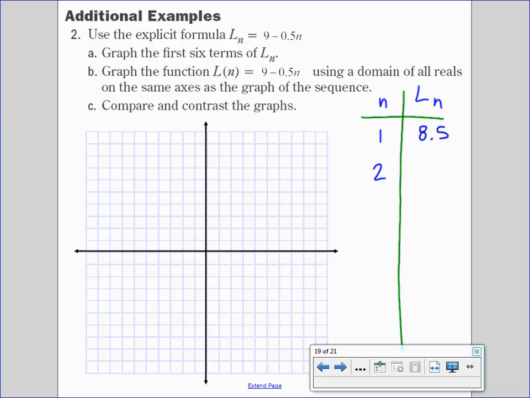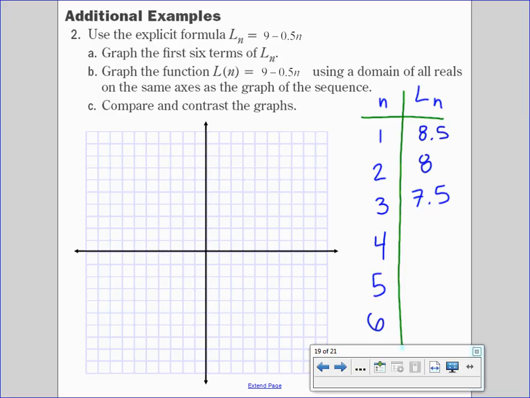When n equals 2, my second term is given by 9 minus 0.5 times 2, which is 9 minus 1, and that's 8. When n equals 3, then I go down another half, I'd be at 7.5. N equals 4, 5, and 6 would round out my last 3 terms that I'm going to plot for the first 6 terms.